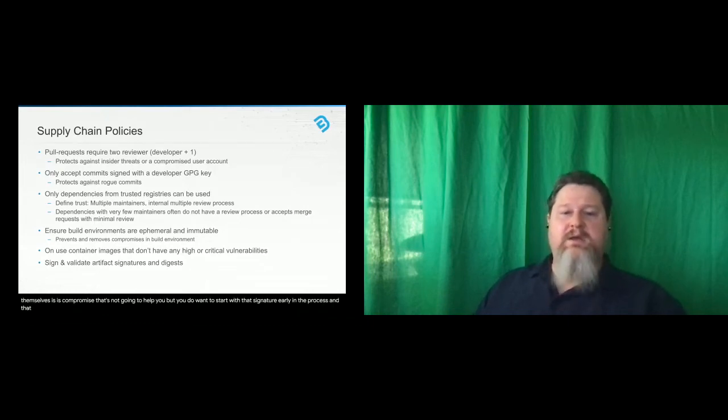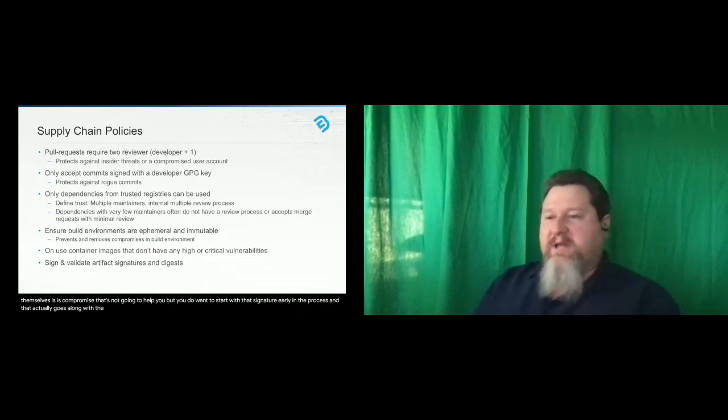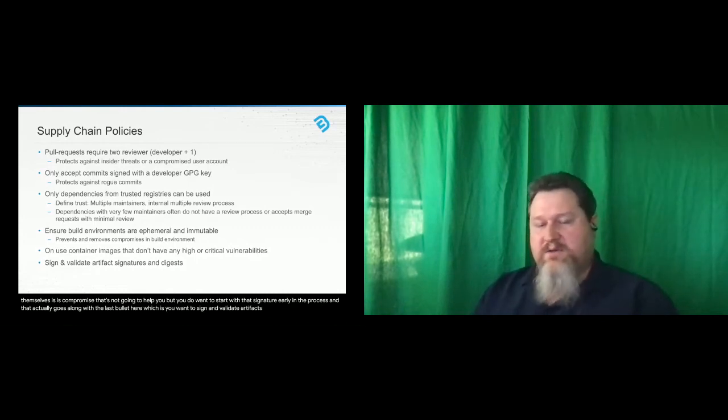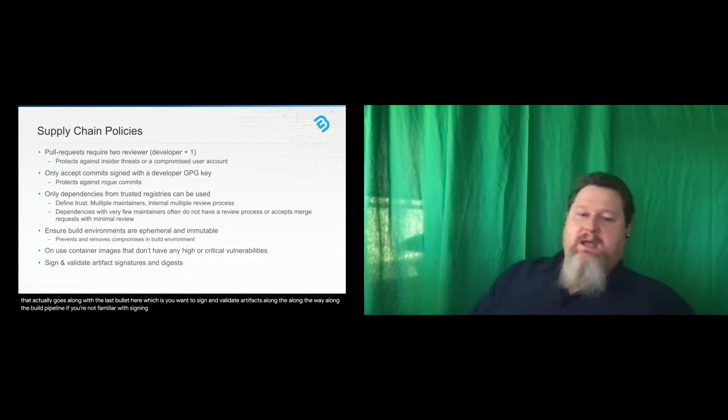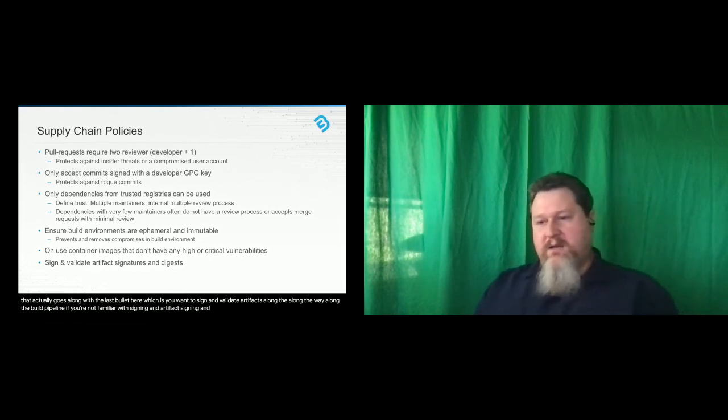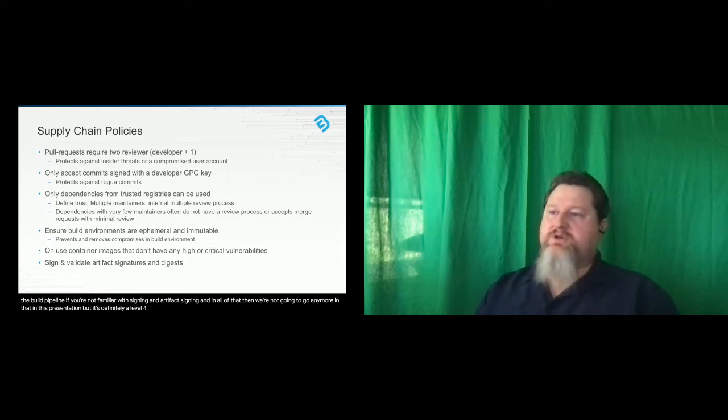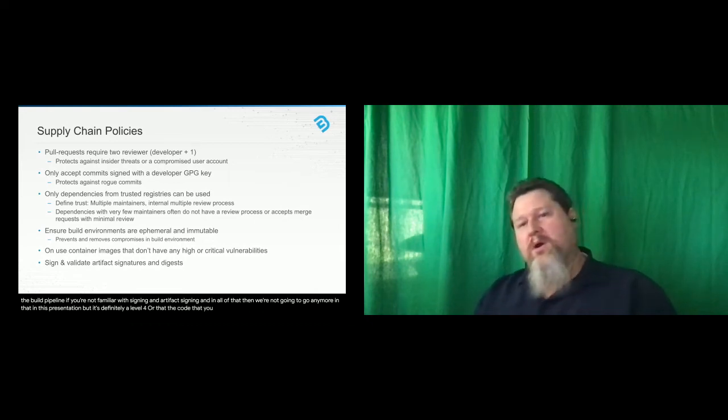And that actually goes along with the last bullet here, which is you want to sign and validate artifacts along the way, along the build pipeline. If you're not familiar with signing and artifact signing and all of that, then we're not going to go any more in this presentation. But it's definitely a level 4 exercise, if you will, to make sure that the code that you are committing is identifiable.